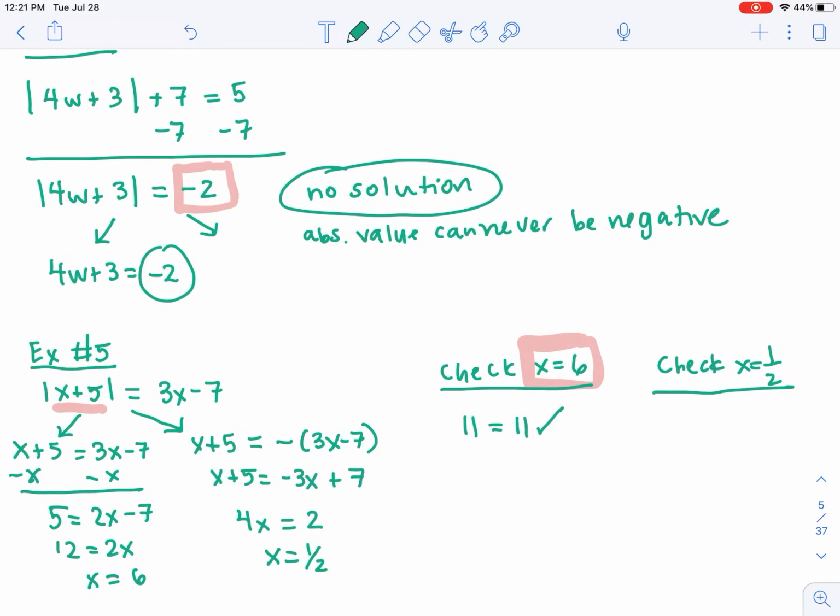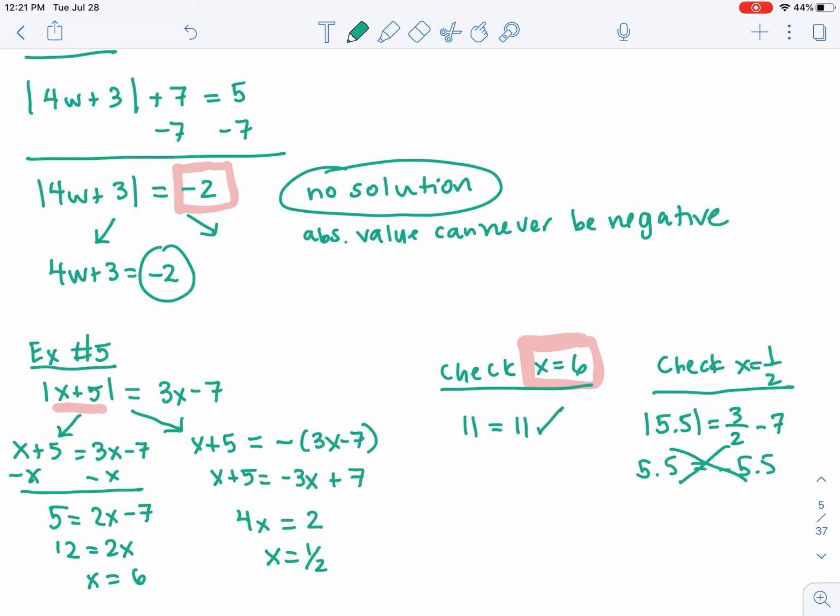Now if I plug 1/2 in, I get the absolute value of 1/2 plus 5, or absolute value of 5.5, is equal to 3/2 minus 7. And if I do 3 halves minus 7, I get negative 5.5, which is not equal to the absolute value of 5.5, which is positive 5.5.